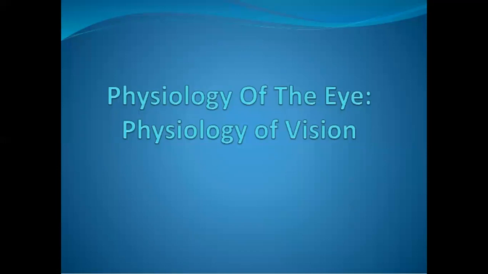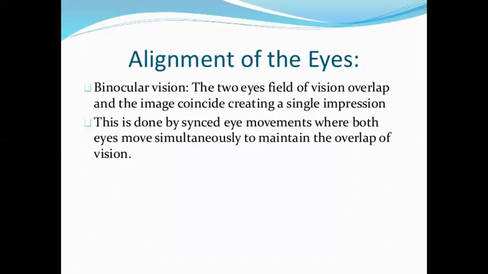Then physiology of the eye, the physiology of vision. First is alignment of the eyes. Binocular vision. Binocular vision means the two eyes' fields of vision overlap and the images coincide, creating a single impression.